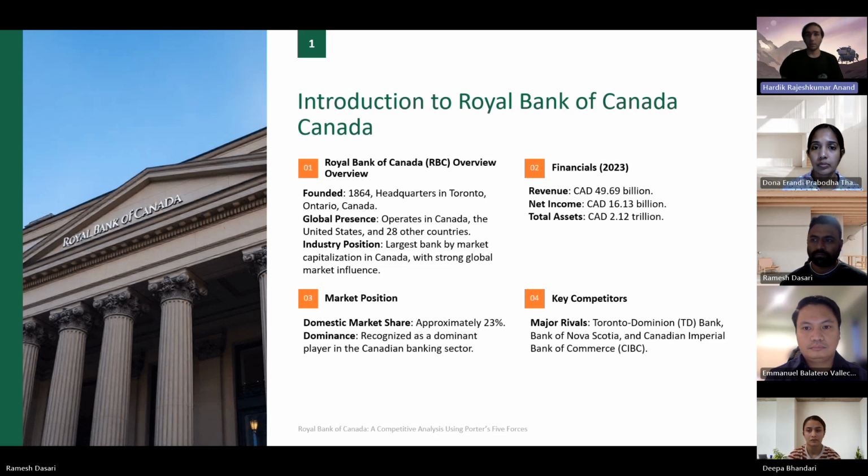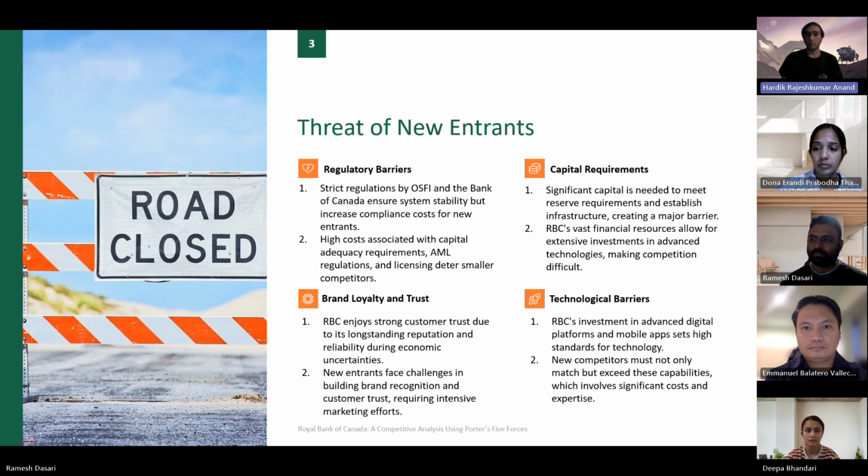So next slide. The regulatory barriers: strict rules make it hard and costly for new banks to enter the market. The second is the capital requirement. RBC has a lot of money to invest in technology, which new banks can't easily match.